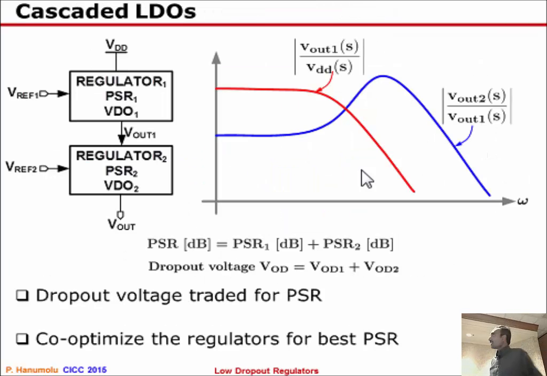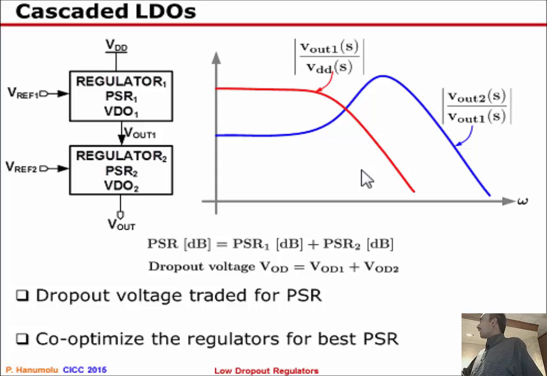Again, if one doesn't work, probably two is better. So in that case, you have two LDOs cascaded, and when you cascade LDOs, one needs to be a little bit shrewd in choosing the power supply rejection curves properly.